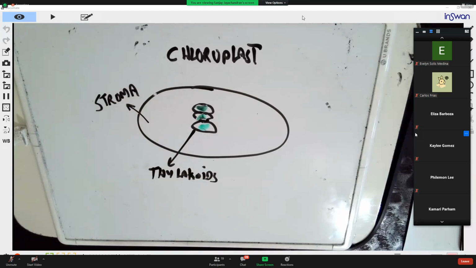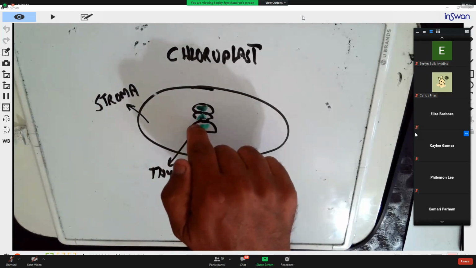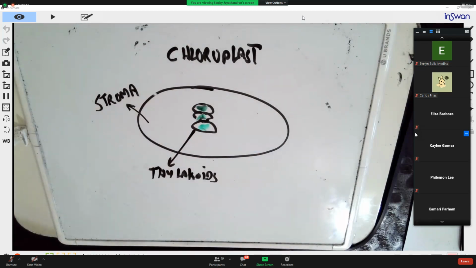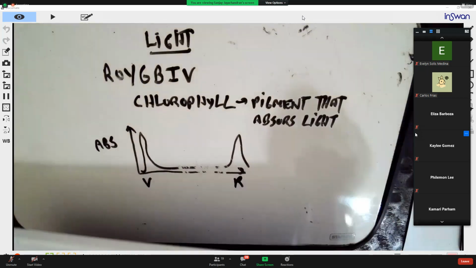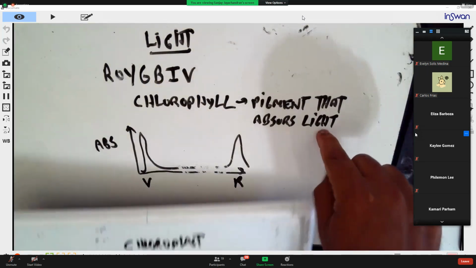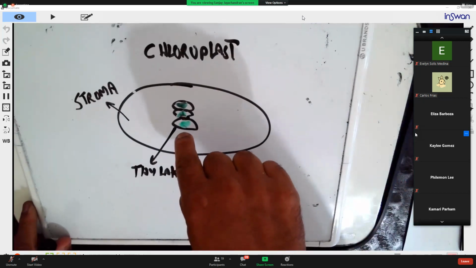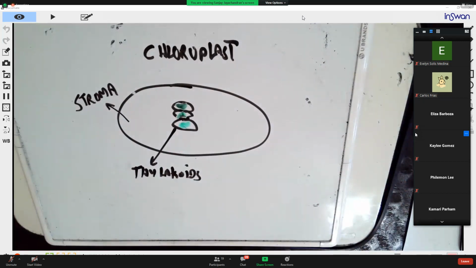Yeah, why? You're right. The light-dependent ones, that's where the chlorophyll is. Very good. Remember, chlorophyll is the light-absorbing pigment. It's in here, so that's where the light-dependent reactions are going to occur.